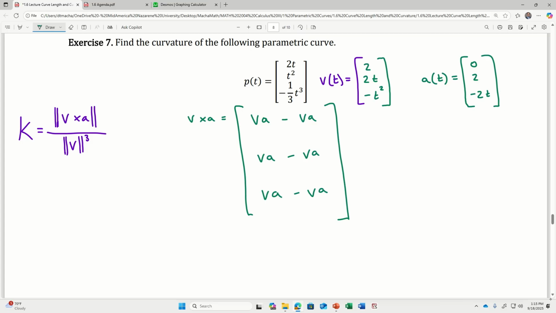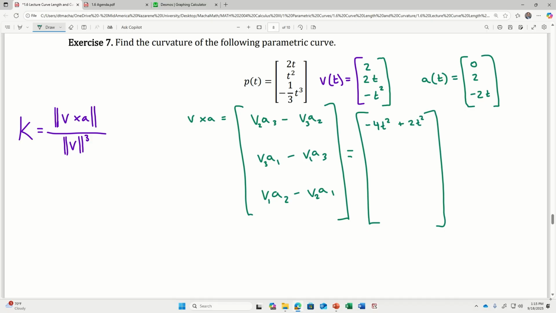Okay, cross product formula. There we go. So this cross product is going to be 2t times negative 2t, which is negative 4t squared, minus negative t squared times 2, which is minus a negative t squared times 2.